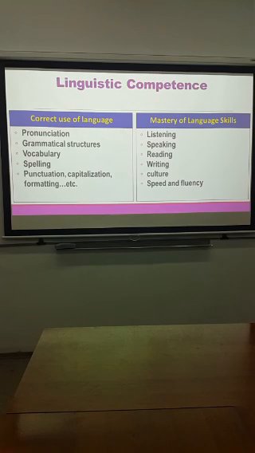When she reads a text, different types of text, she should be able to comprehend what she reads, and also should be able to write a paragraph, an essay in the foreign language correctly, should have also knowledge of the foreign culture or the culture of the language she's going to teach, and also speak fluently and fast.